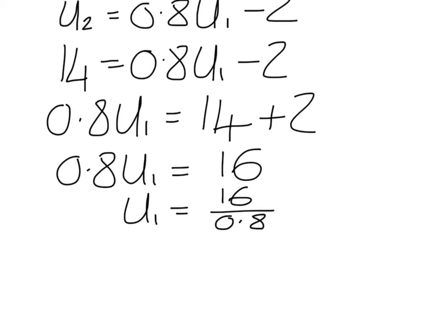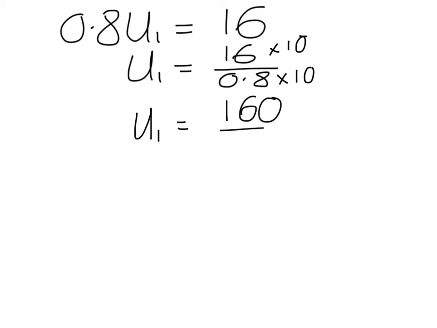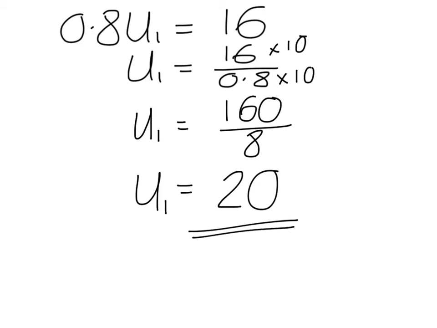Now it's expected that you will be able to do this without a calculator, so we need to get rid of the decimal on the bottom line. So we can write u1 equals, and if we multiply by 10 on the top and the bottom, we get 160 on the top divided by 0.8 times 10, which is just 8. So that's 160 divided by 8, and 160 divided by 8 is 20. So u1 is equal to 20.